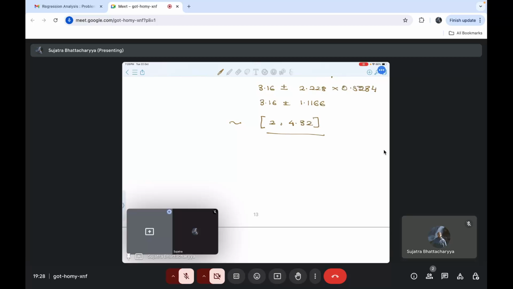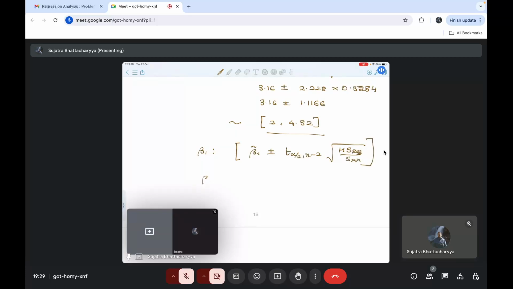Also just for the beta one, the confidence limit becomes this. I just write it down. You all have these things, you can easily do it. MS residual upon Sxx.